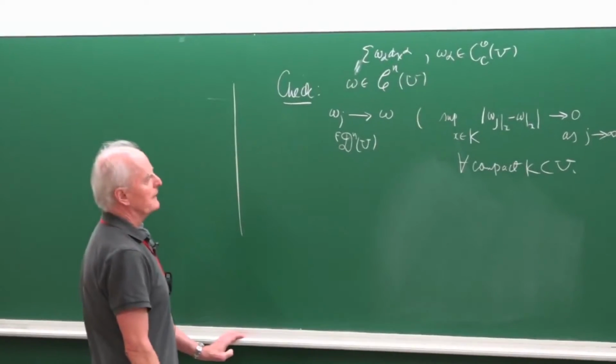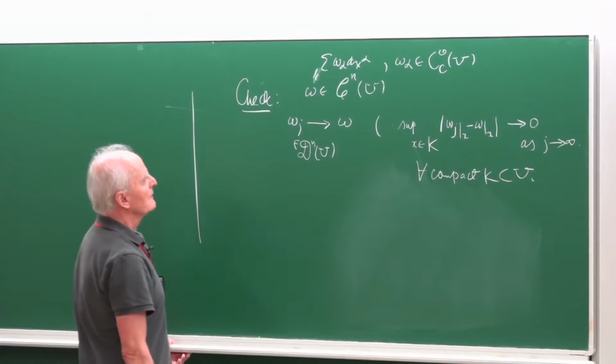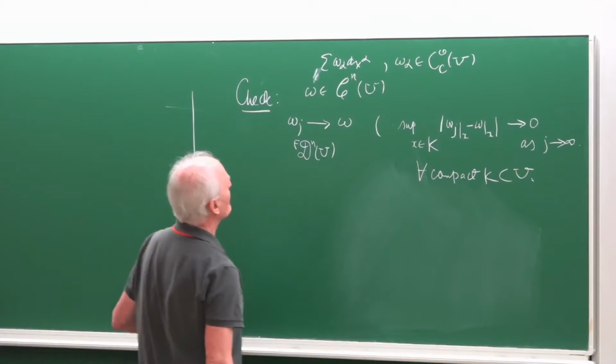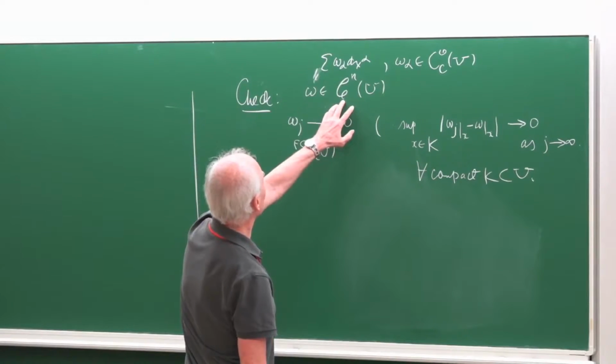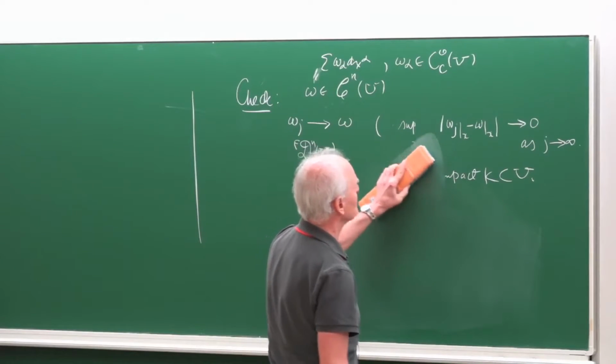So take such a sequence, and as I said, of course, you can do that. Then in fact this already has compact support, so this is unnecessary. We can just take the sup.